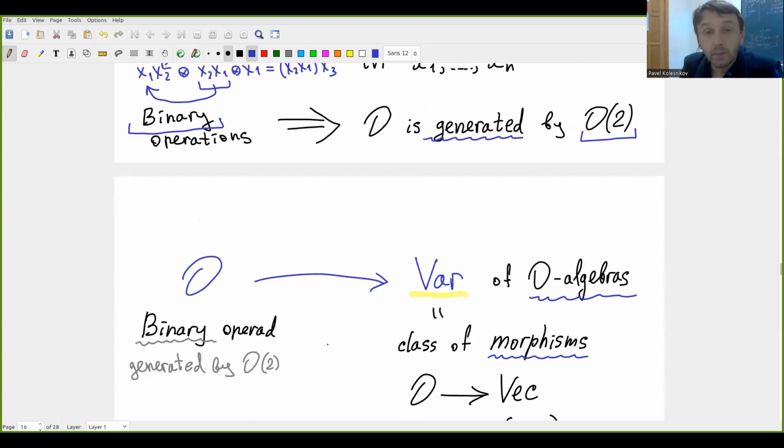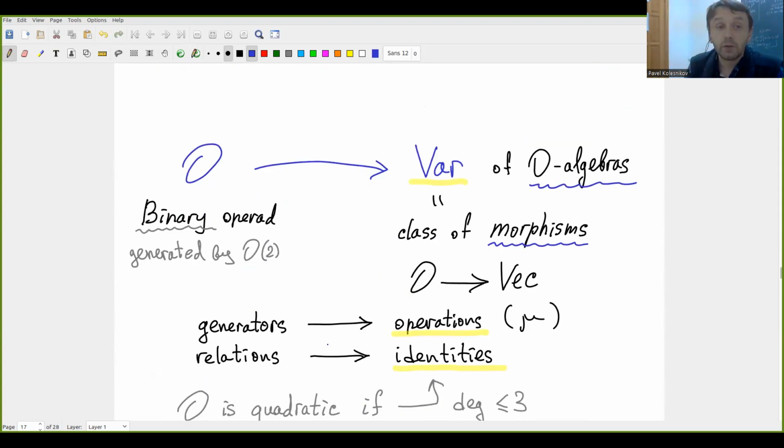And conversely, given an operad, suppose it is a binary operad, so it is generated by its second component, we may construct a variety. The variety would be the class of all morphisms from this operad, morphisms of operads.